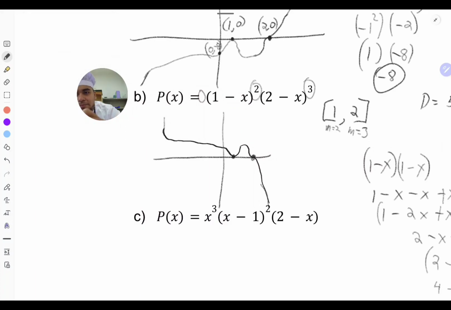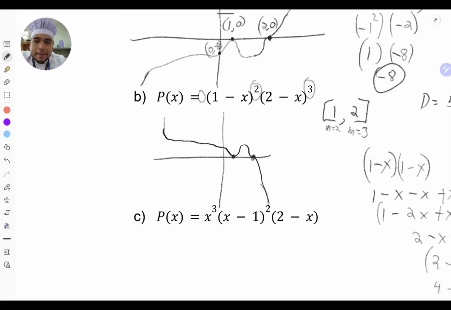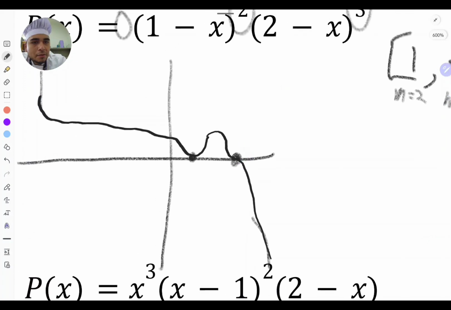I'll go back to pencil. Okay, so we can see that we're basically done. Now we just have to mark what our zeros are, the locations of our zeros. So of course we have a 0 at 1, which means that this is not 0. This is (1, 0).